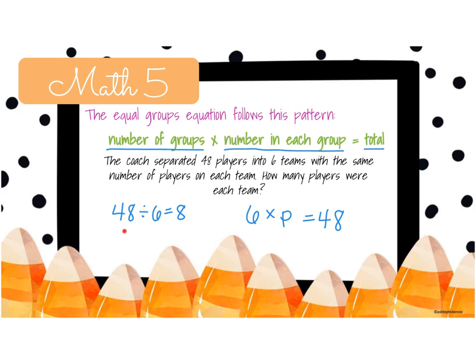Is that how you solve it? Yes, you use the inverse operation to solve it, but this is what my equation should look like. I've got 6 teams, that's my number of groups, times how many players in each group? I don't know. That's what I'm trying to find. So I used a P for players. I know the total should be 48.